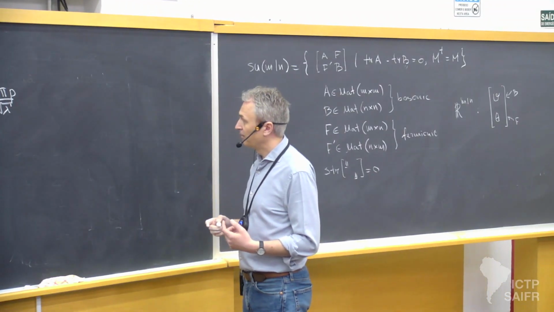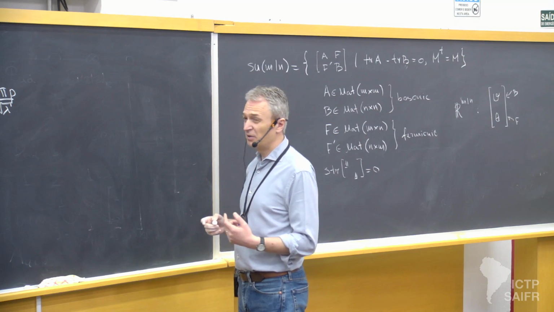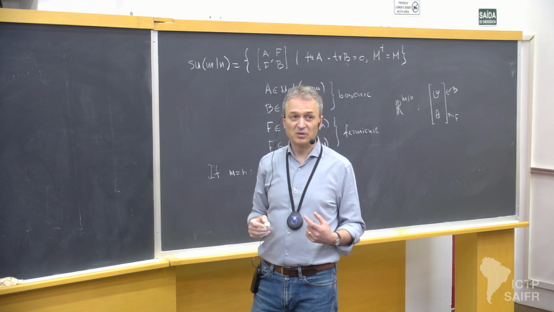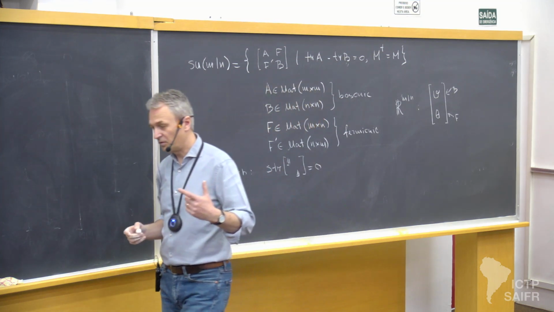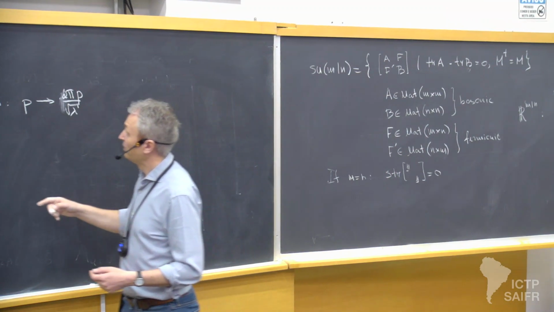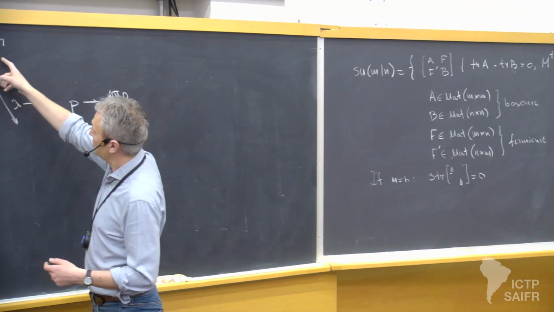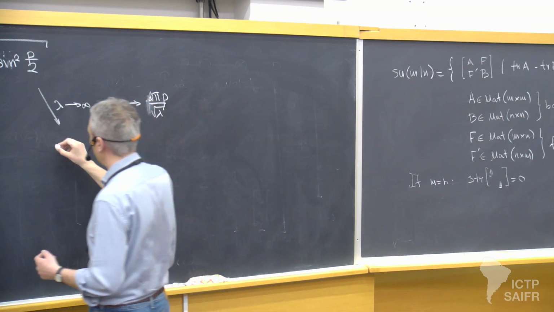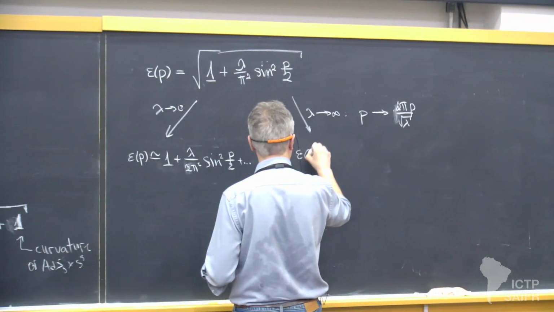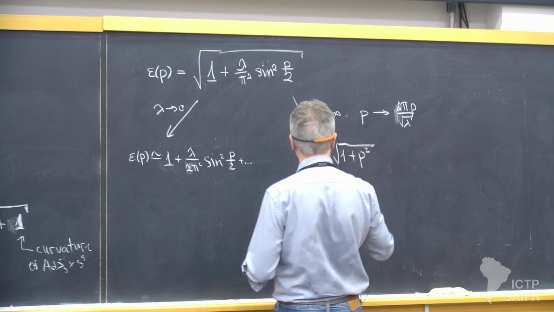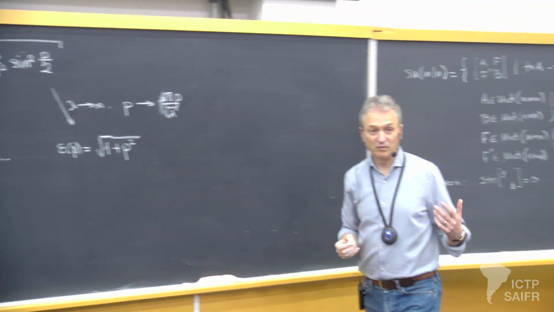Again, I don't remember a simple explanation for that. It probably requires carefully going through the gauge fixing procedure, but there is a rescaling factor here. If you insert it in the dispersion relation and send lambda to infinity, what you get is simply a dispersion relation for a particle of mass 1.